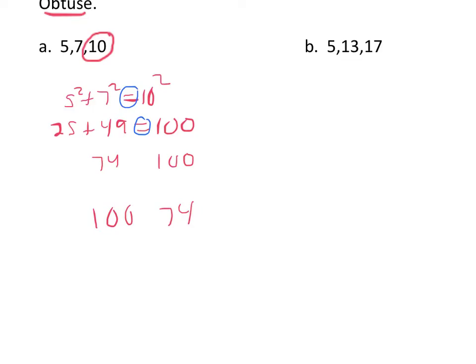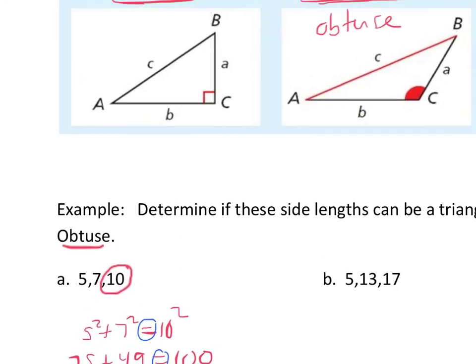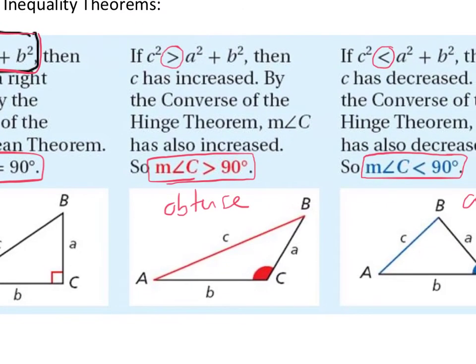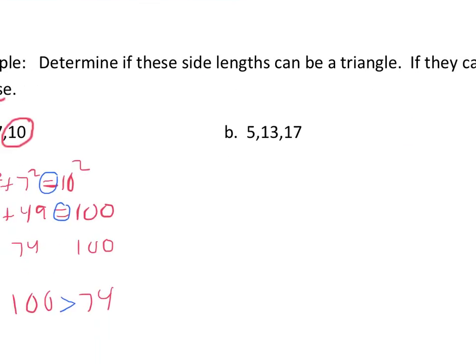Now what is this case? Well, this is the square of the hypotenuse being greater than the two legs squared. So it's greater than. This is what we came up with. So if it's greater, then it is an angle greater than 90, so therefore obtuse.